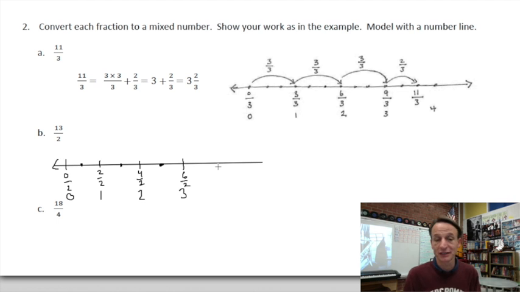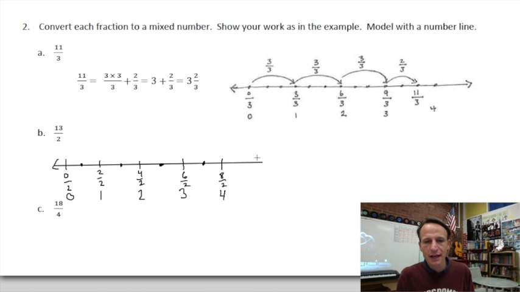That's why you notice I didn't put the arrow at the other end, because I had a feeling I was going to have to extend that. All right, and then when we go to whole number 4, it'll be 7 halves, 8 halves. And then, oh, you're not done yet. We're going up to 13, right? And when we go to whole number 5, that's going to be 9 halves and 10 halves.